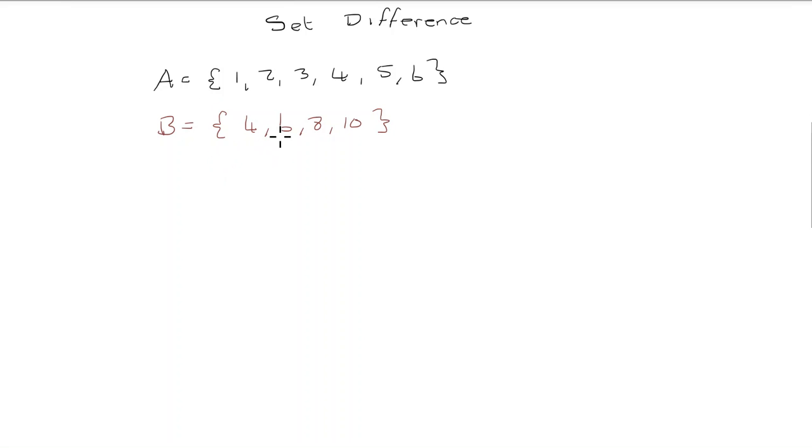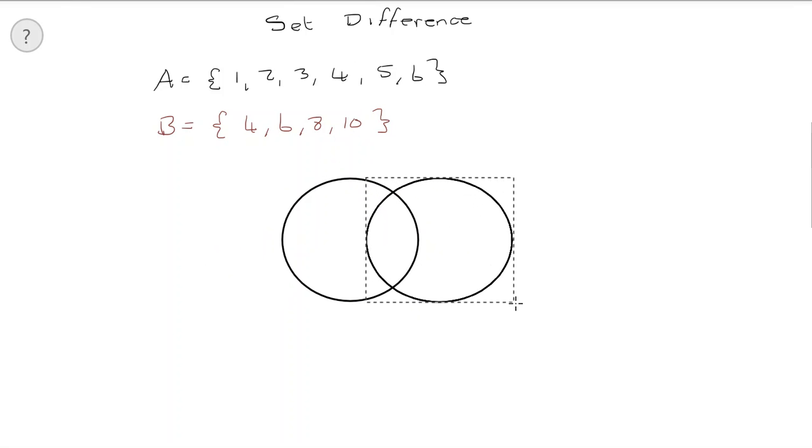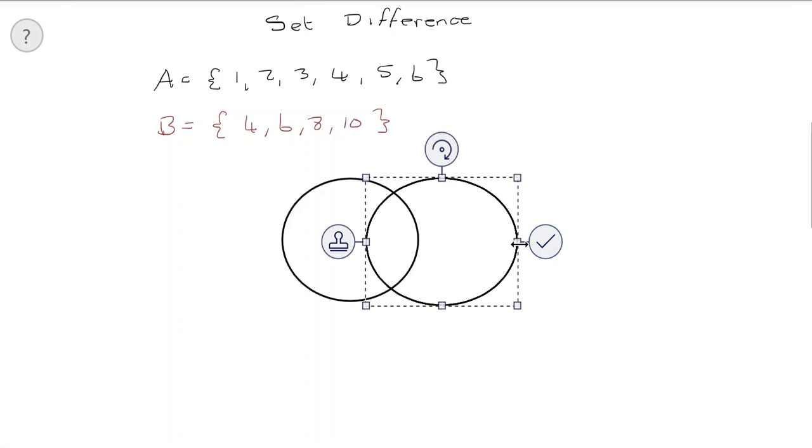We can use a Venn diagram and we can draw this. So we can draw two circles and represent both sets. Something like this.